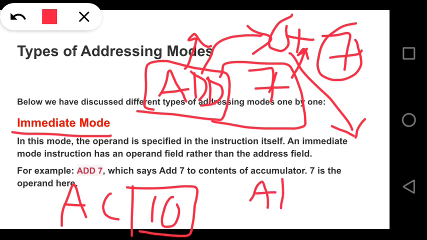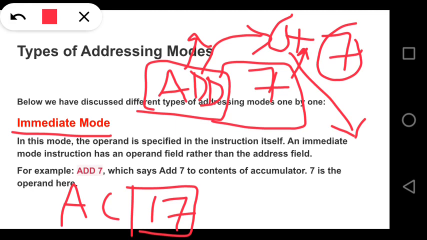By executing add 7, the accumulator value is increased to 17. This is the execution done by the ALU. This type of addressing mode is called immediate addressing mode.